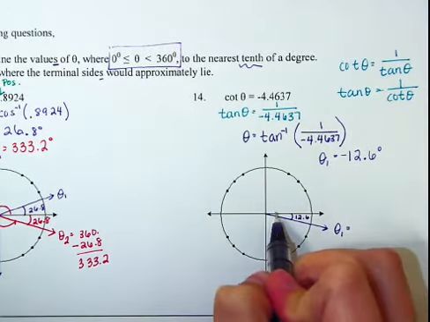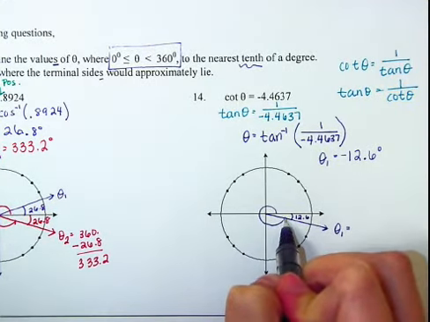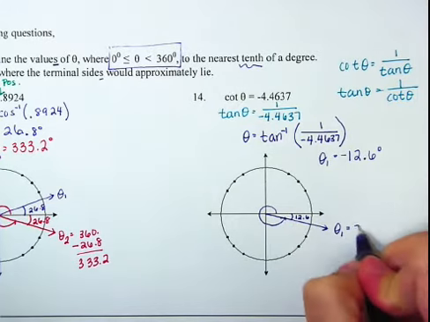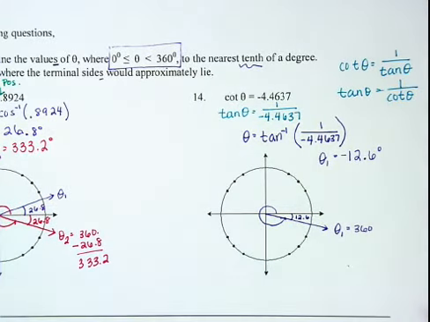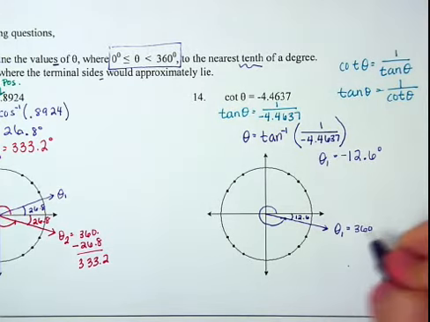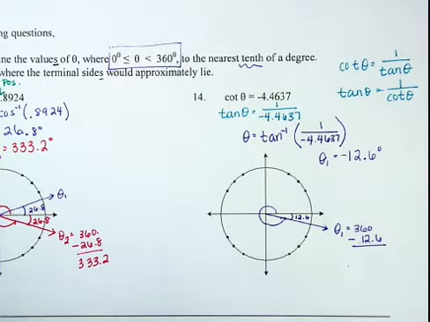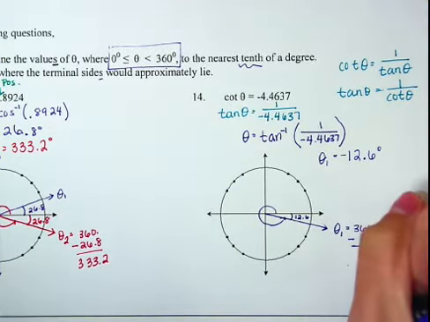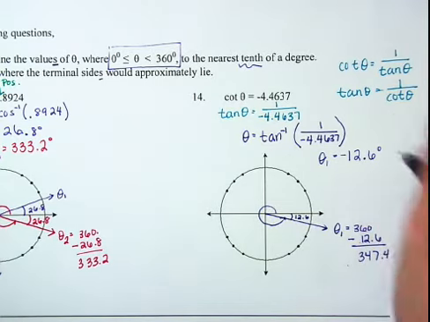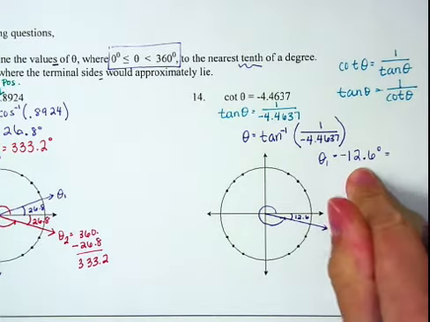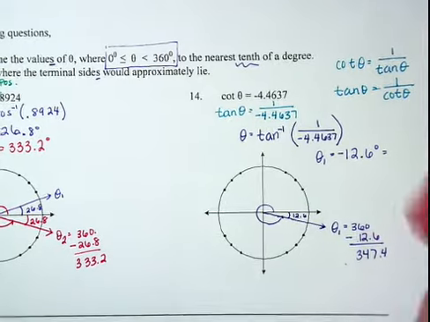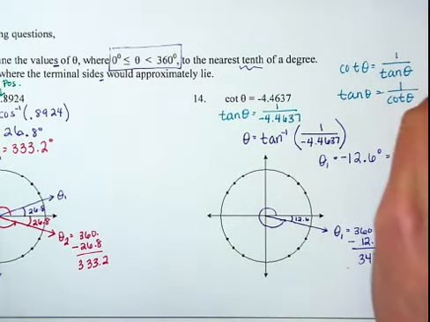So if I were to go all the way around, I would almost make it to the 360. Almost to 360 degrees, but not quite. I'm less by 12.6 degrees. And 360 minus 12.6 is 347.4. So a coterminal angle to negative 12.6 is 347.4 degrees.